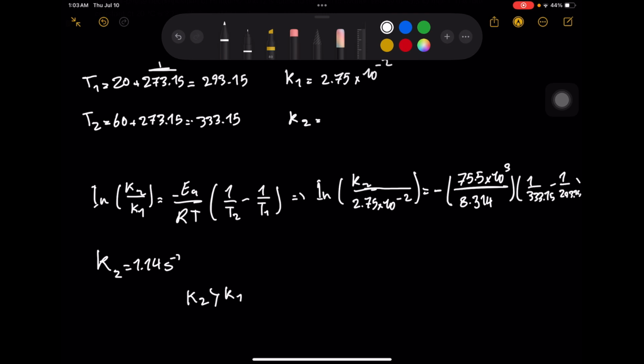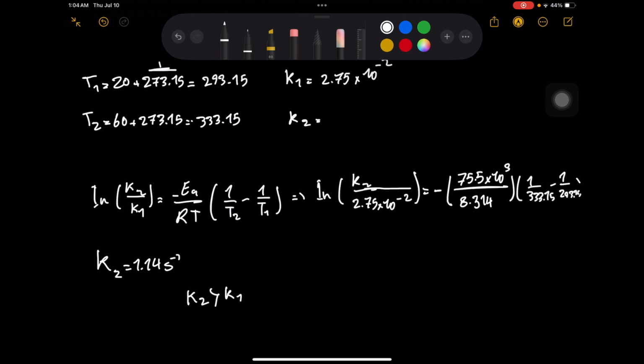Here, as we can see, the rate constant has increased by much. It's 1.14, and at 20 degrees Celsius it was 2.75 times 10 to the power of negative 2, which is much lower.